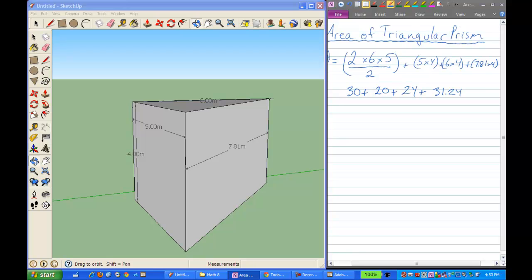So now we add all of these up. We get 74 plus 31.24, which is our area of this triangular prism. It happens to be 105.24 meters squared. And that's how we calculate the area of a triangular prism.